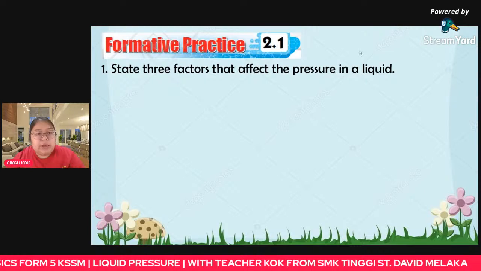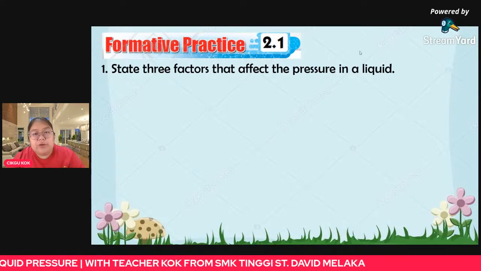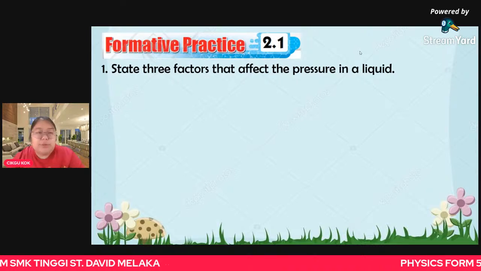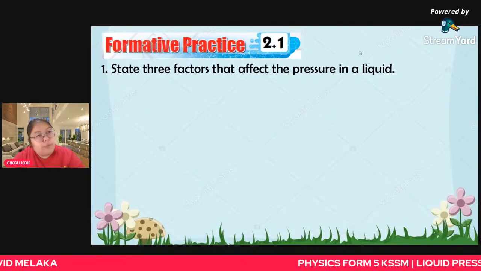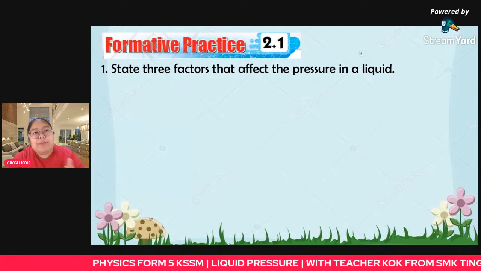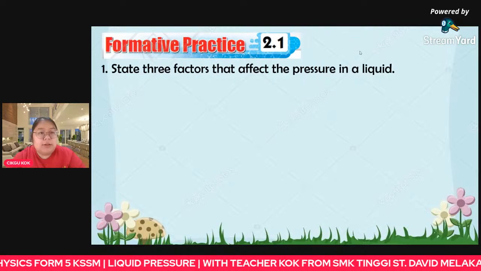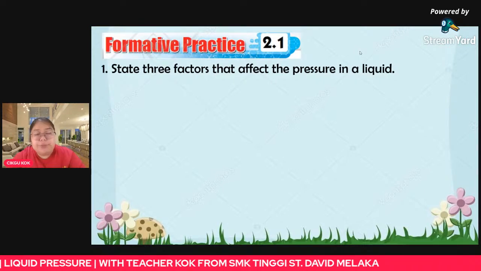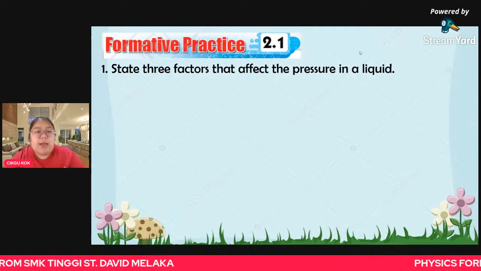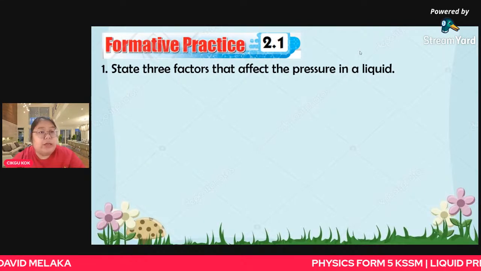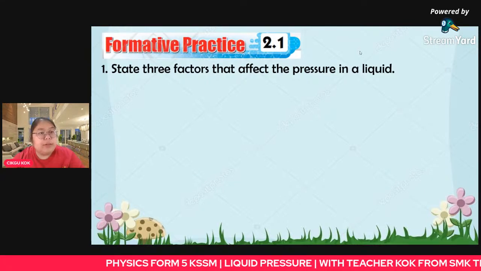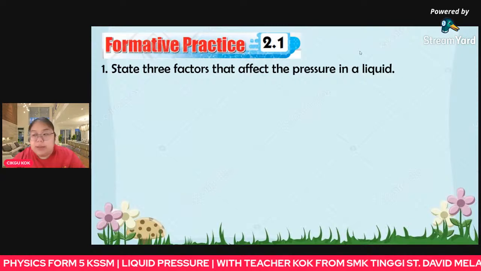From here, you need to state the three factors that affect the pressure in a liquid. What are the three factors that affect the pressure in a liquid? Remember the formula for liquid pressure: P equals rho h g. That means rho, h and g are the three factors that affect liquid pressure. Anybody can type in the chat room to show me you understand the factors.